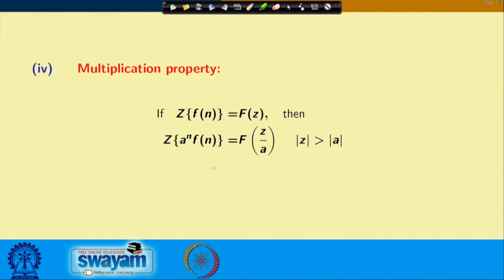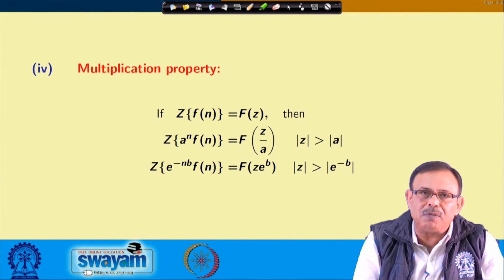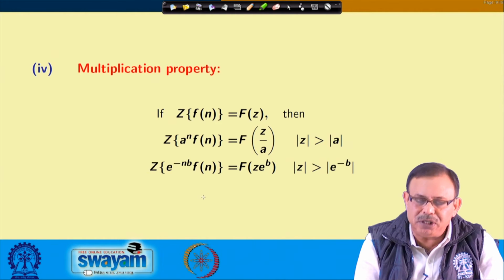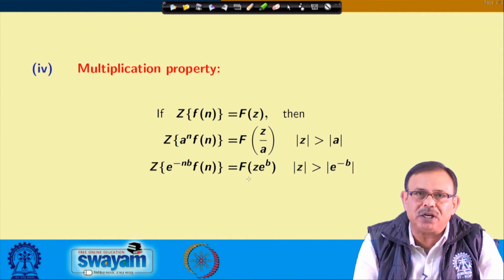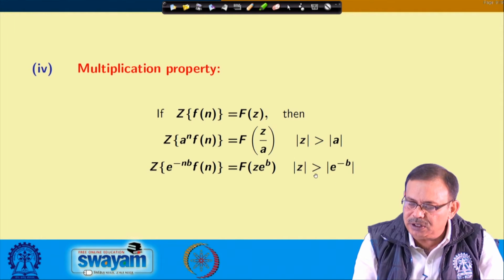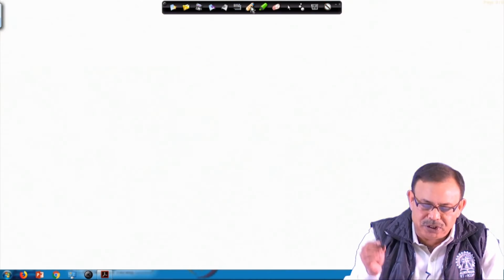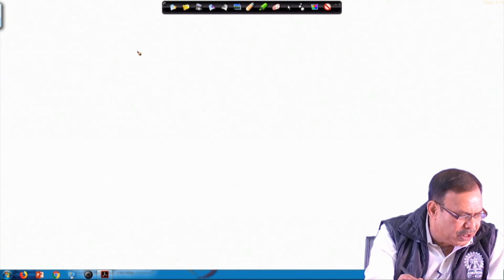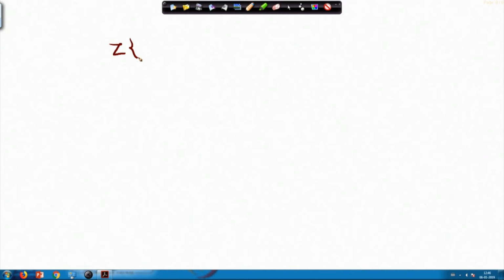The second part is Z transform of e to the power minus n b f of n equals capital F of z into e power b, where modulus z is greater than e power minus b. To prove this, we consider the left hand side, Z transform of e power minus n b into f of n.